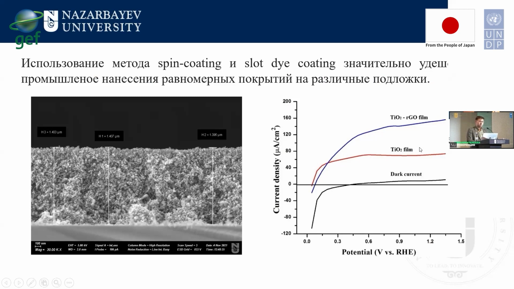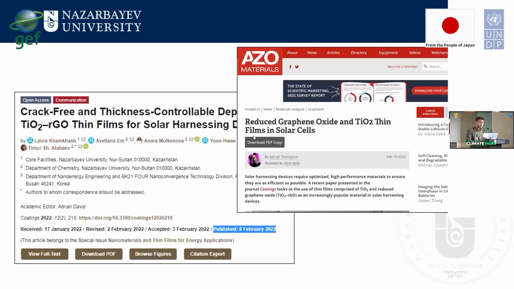And if you compare the density, you will see that it increased twice. The density of the photocurrent increased, and it means that you need to provide twice as little voltage because the film generates the electrical current. And you give less voltage, less additional current, to produce hydrogen.